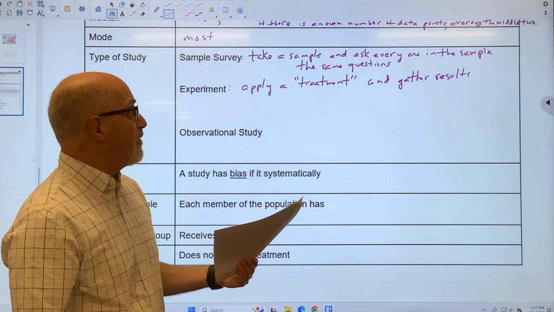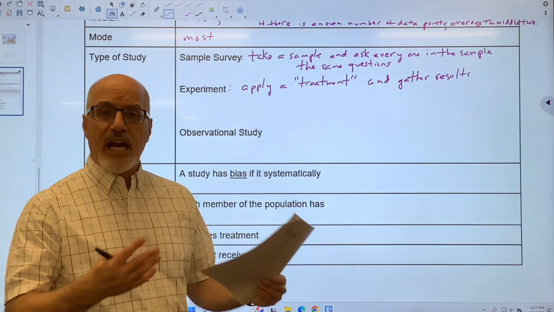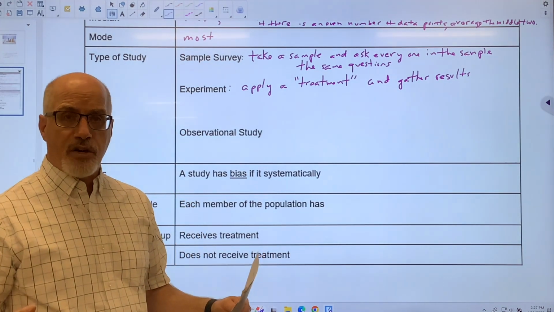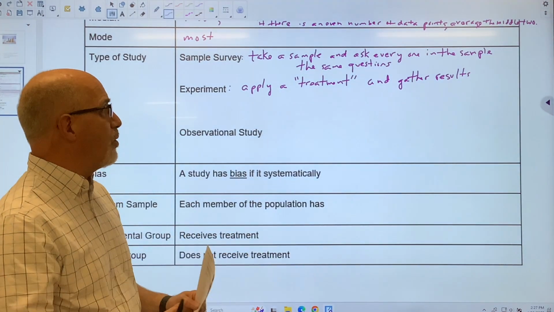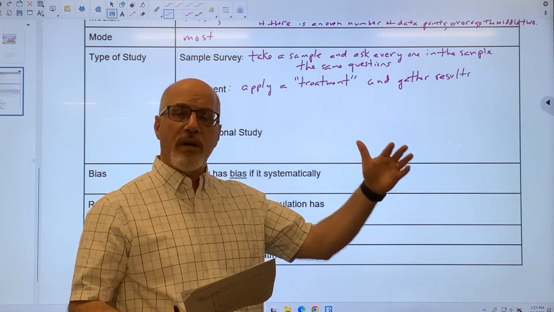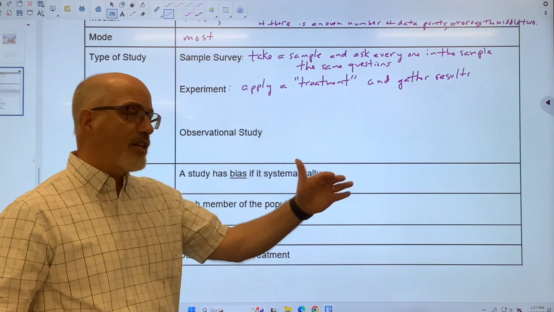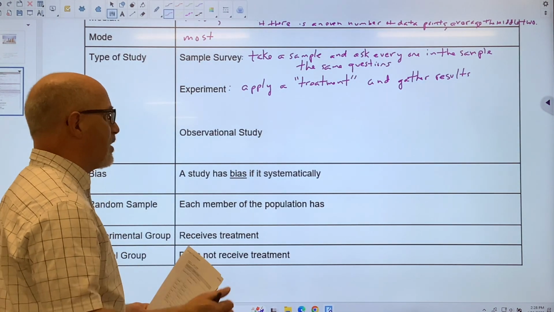It could also be some type of additive for tires that makes them hold up under heat longer. So that would be something that you'd add to tires, to see if they hold up longer. So treatment is whatever you're adding to the statistical question, and then you gather the results to see if it has the effect that you're looking for.